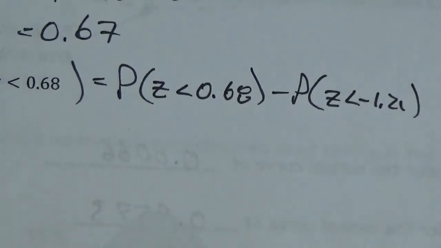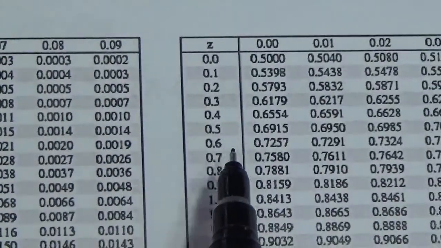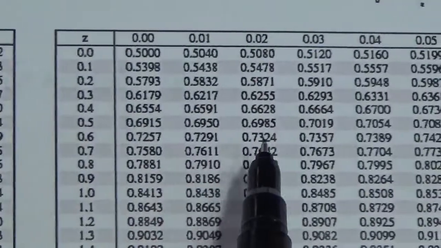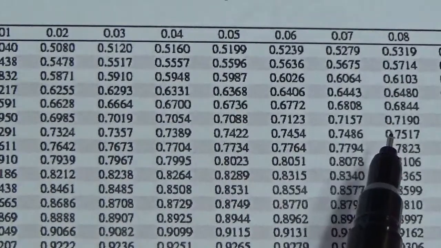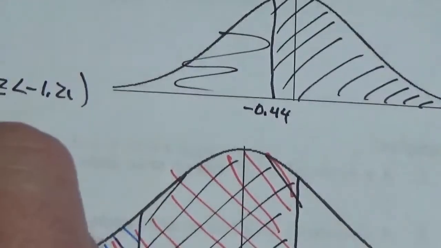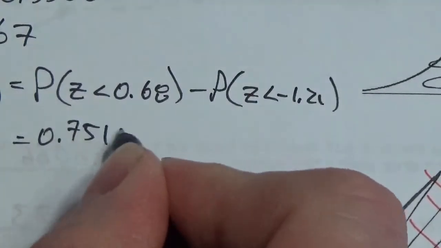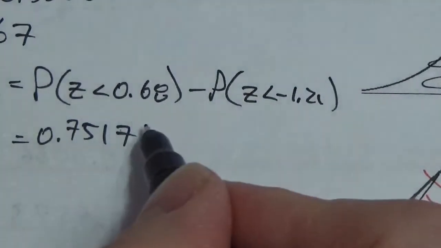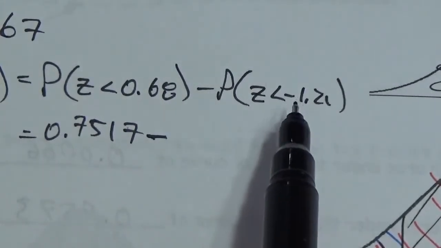Now I got to look those things up in the chart. So 0.68. Okay, so we're on the positive side here, but 0.6, here we go. 0, 1, 2, 3, 4, 5, 6, 7, 8. Okay, so 0.7517. And I'm going to subtract from that the area to the left of negative 1.21.